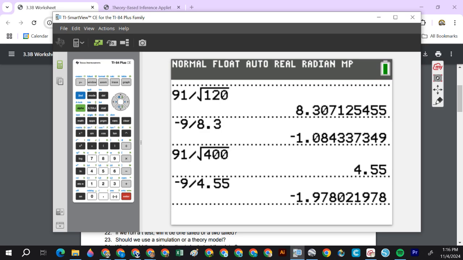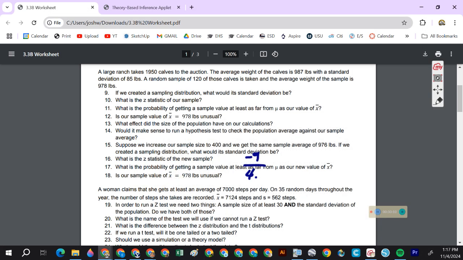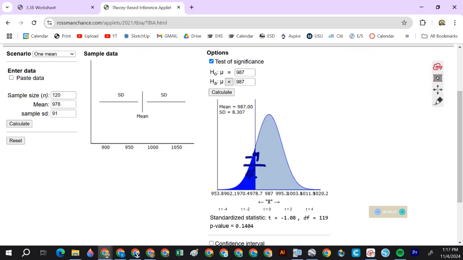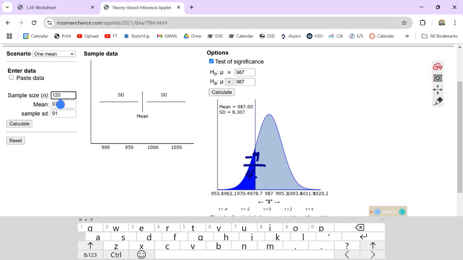We were 9 pounds, our sample average was 9 pounds lower than our population average. Okay. What is the probability of getting a sample at least as far away? That's going to be, so we need to change this to 400.